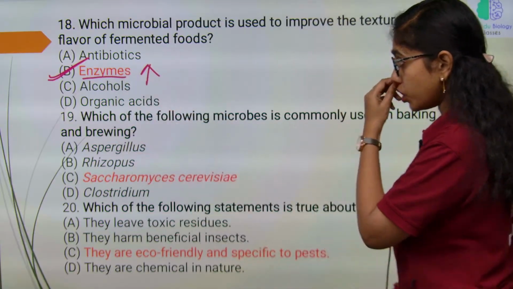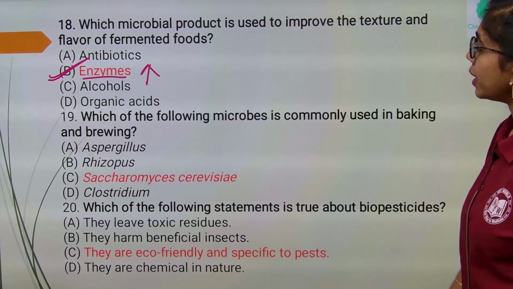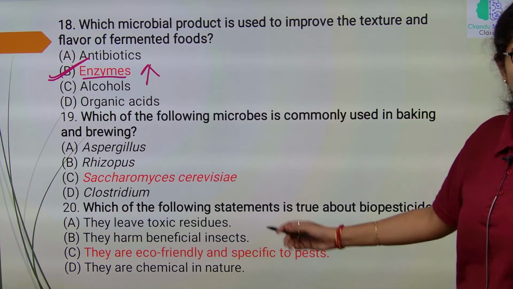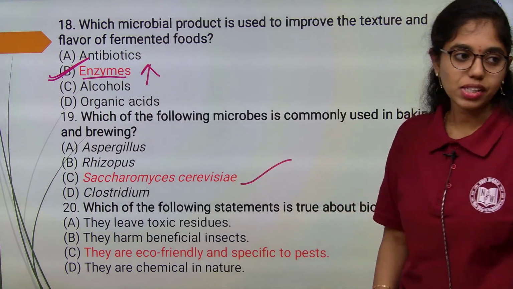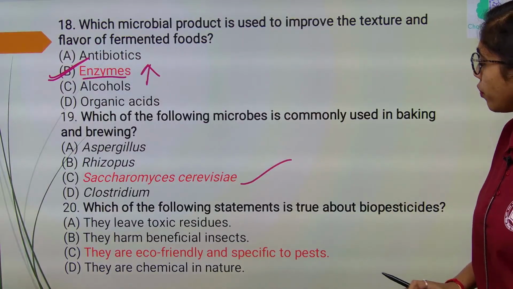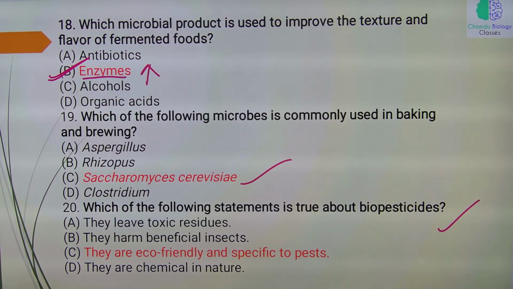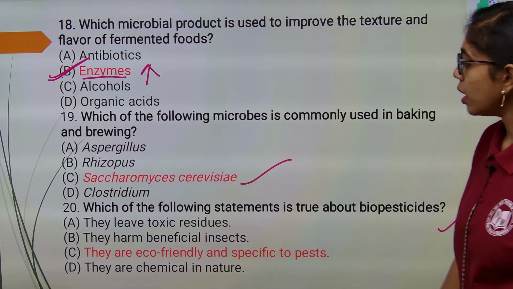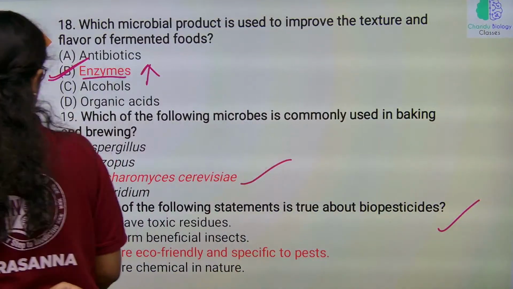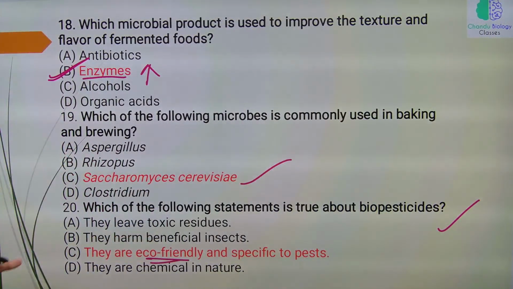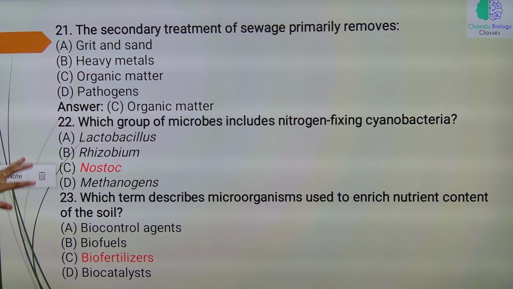Next, which of the following microbes is commonly used in baking and brewing? It is of course Saccharomyces cerevisiae, that is yeast. Which of the following statements is true about biopesticides? Biopesticides are eco-friendly and they are pest specific. The secondary treatment of sewage primarily removes what?